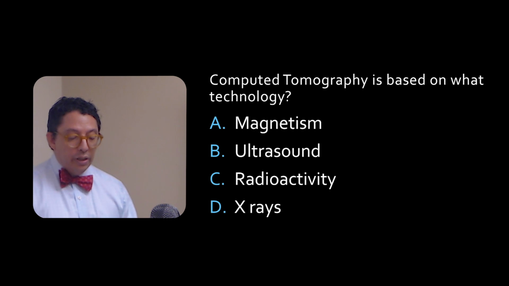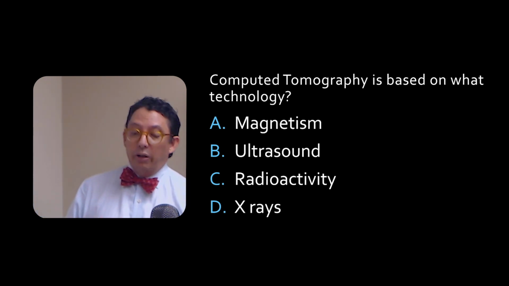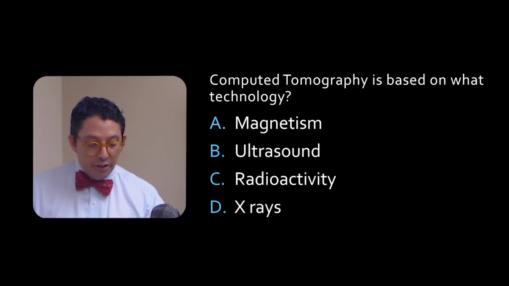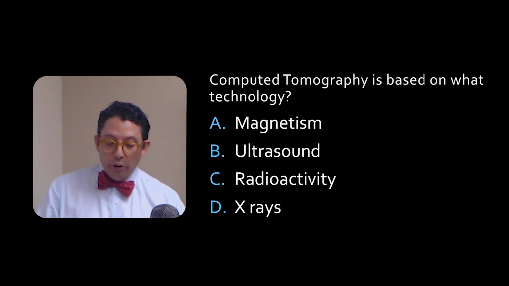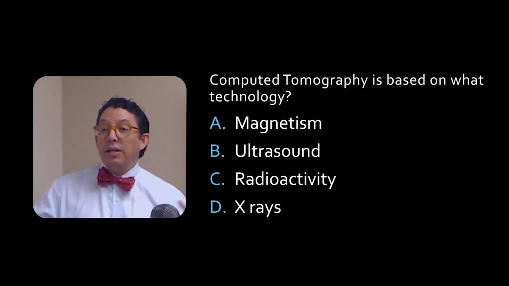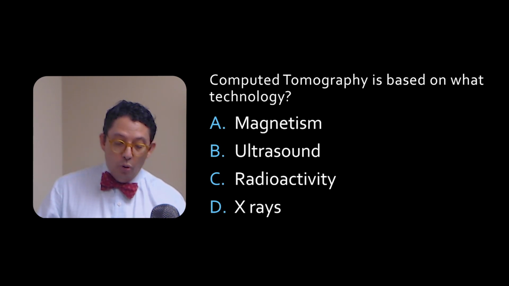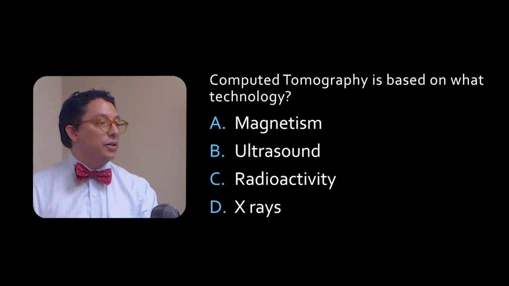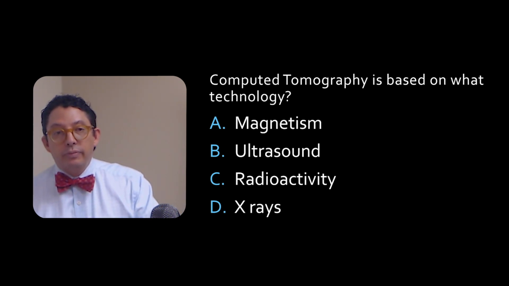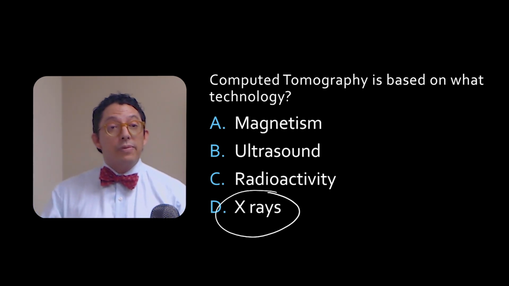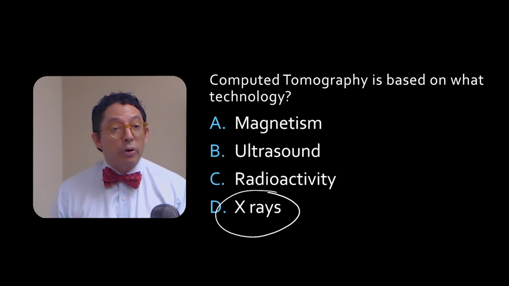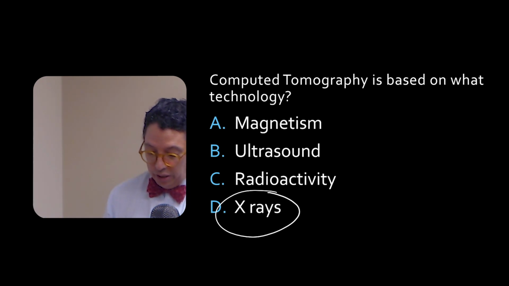So does CT use magnetism, ultrasound, radioactivity, which is emitting the rays internally, or X-rays? On which of these four technologies is CT based? Great answer. Yes, it is X-rays. So CT is actually based on X-ray technology.